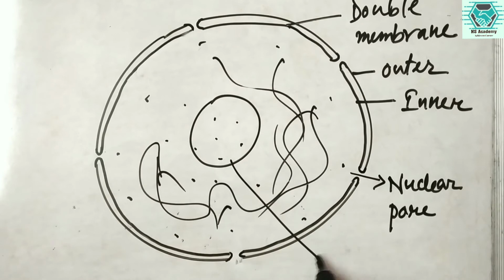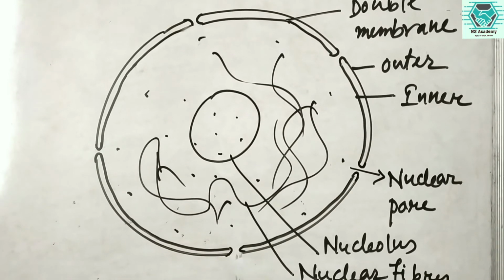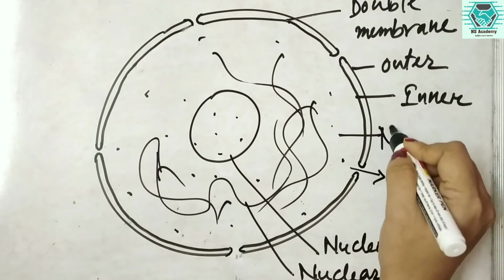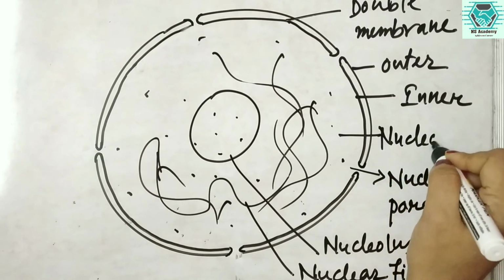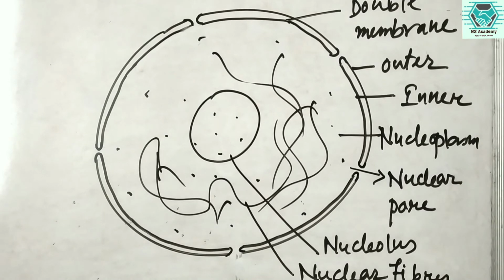Inside the nucleus there is nucleolus and the nuclear fibers, and the nucleoplasm is also present. So this is the brief simple diagram of the nucleus.